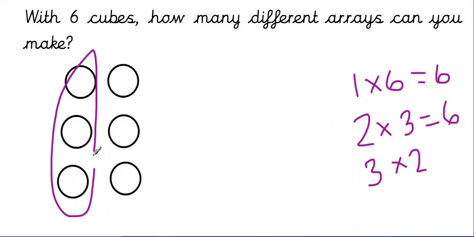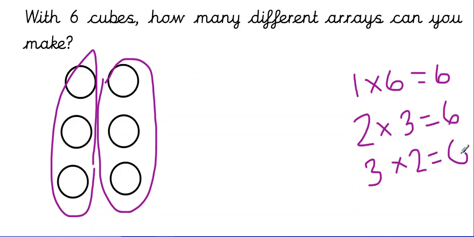Look, if I do this, 3 groups of 2, which is also 6. Okay, so all you need to do with these is you just need to move your counters or your cubes around, or anything you can get your hands on, move them around into groups to make an array.